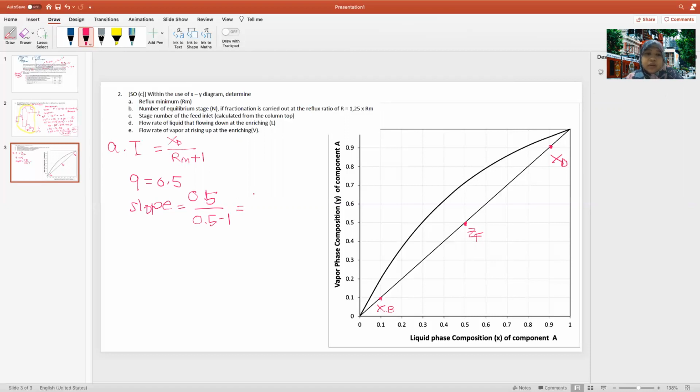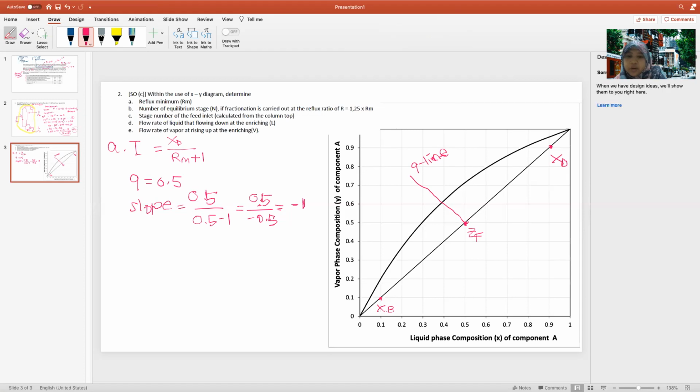So I would think this is 0.5 divided by minus 0.5, equal to minus 1. So minus 1 would be delta y divided by delta x, but because it's negative, I would think it goes this side. So this is the q line.